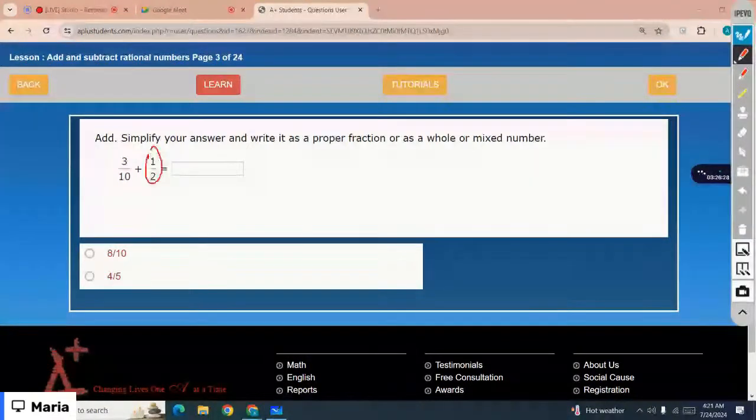How do we make it? You need to multiply this fraction by 5 because 5 times 2 is 10. So you have to do 1 times 5.